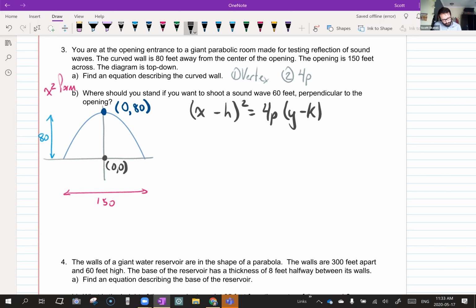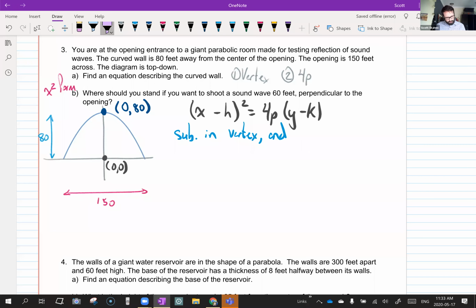So first of all, I'm going to put in my vertex. I'll write this out. I'm going to substitute in the vertex, and I'm going to substitute another point. I need another point. How am I going to get that other point? Does anyone remember? I kind of do the same thing every single time.